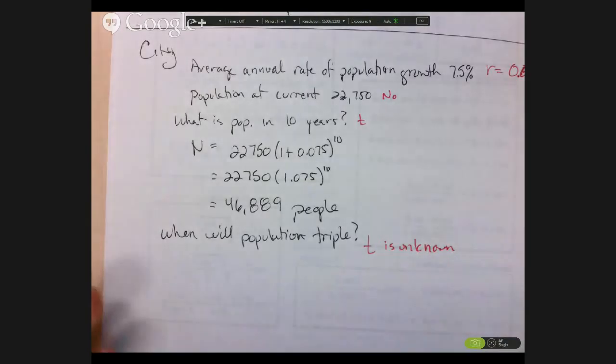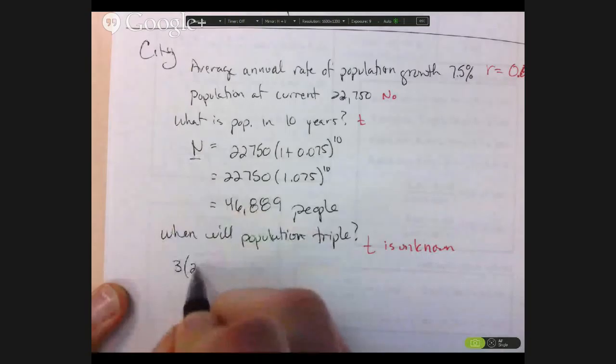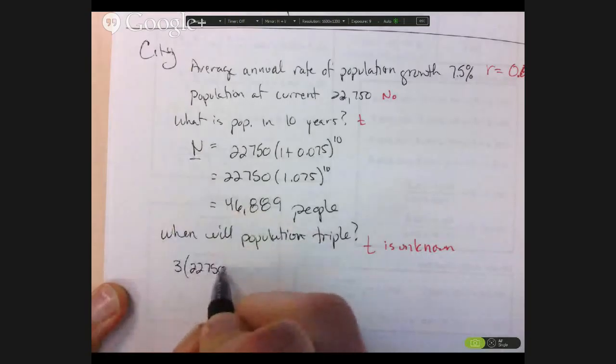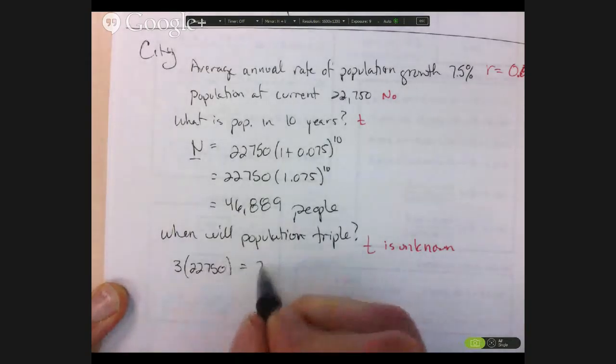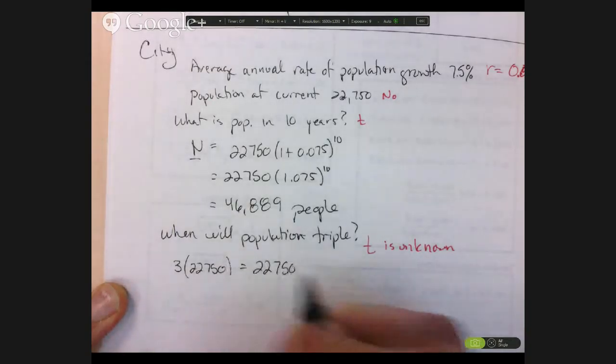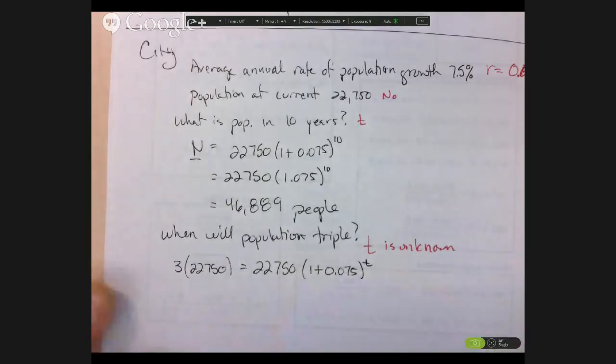So we have to do a final amount of 3 times 22,750. The initial's still the same. The rate's the same. We just don't know T. Yeah, solve for T.